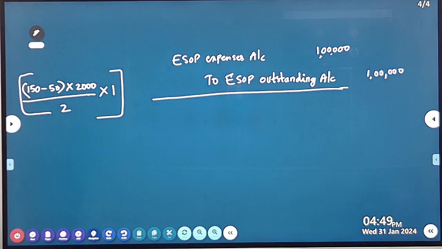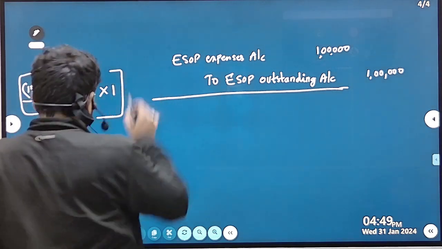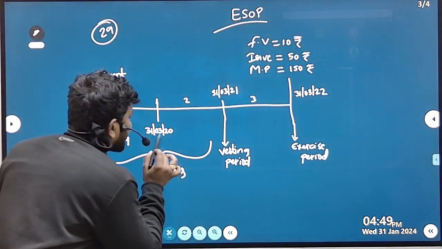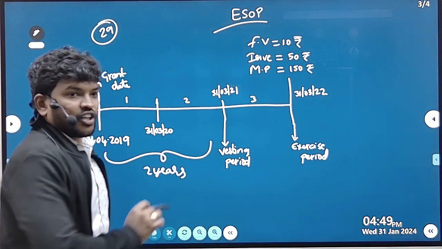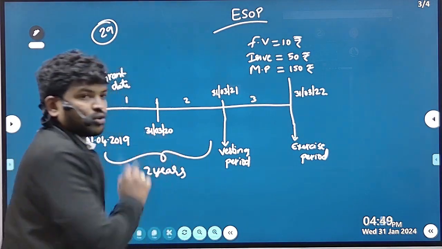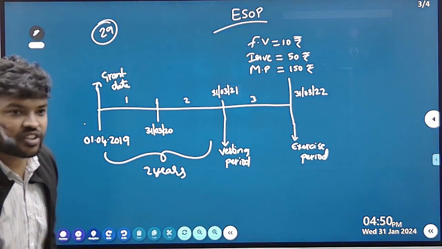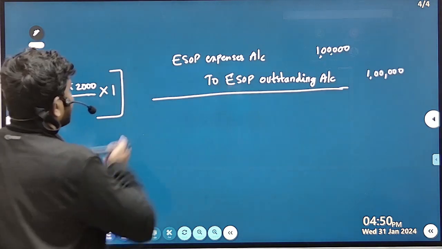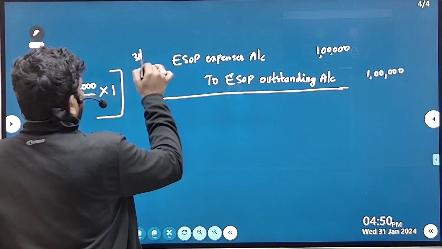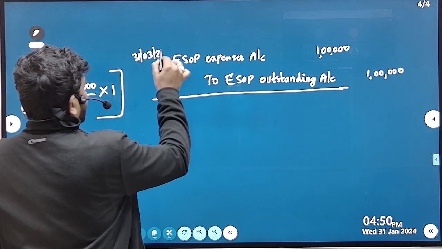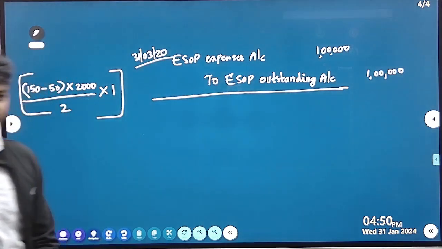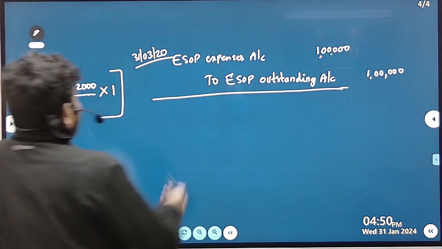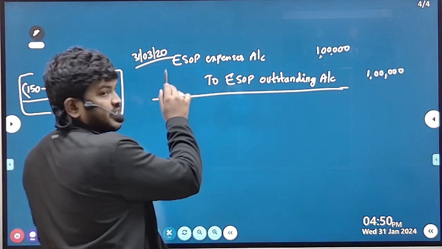Clear? This is the first year. First year in the sense when? 31st March 2020. In the year end you have to pass the entry. Yes or no? 31st March 2020. So go to 31st March 2020. Here date is 31st March 2020. Clear with the first entry? Okay. In that, this is an expense, yes or no?